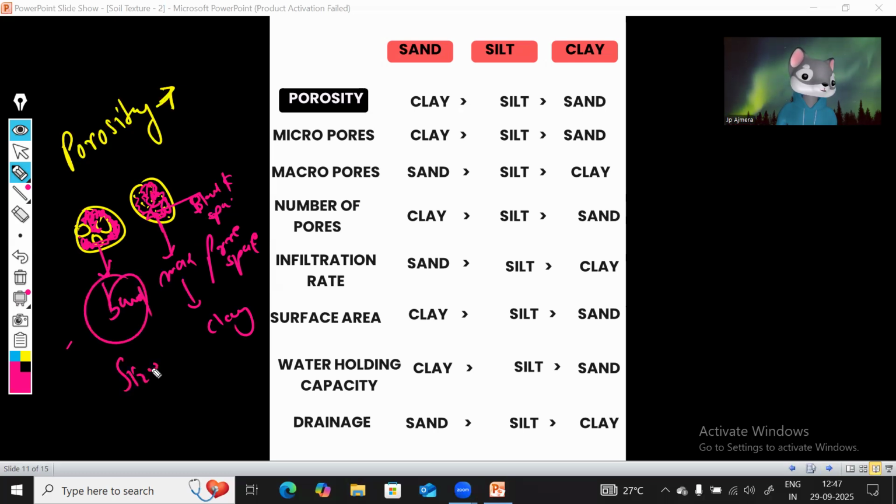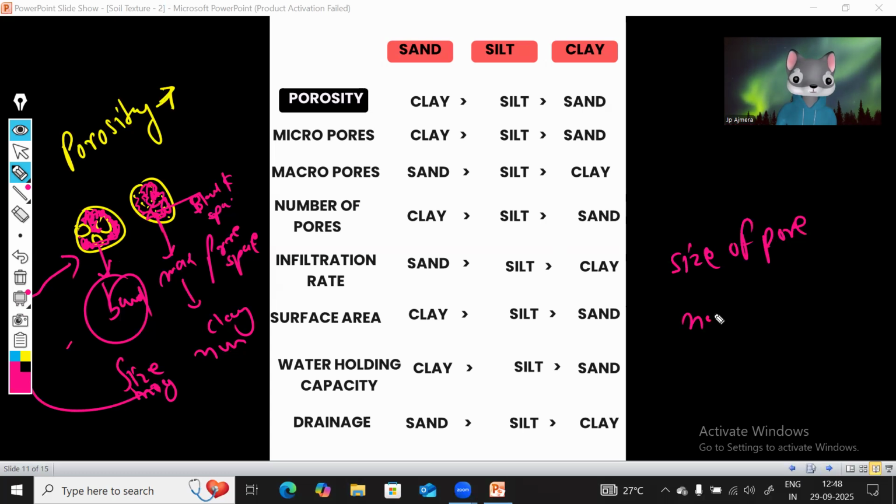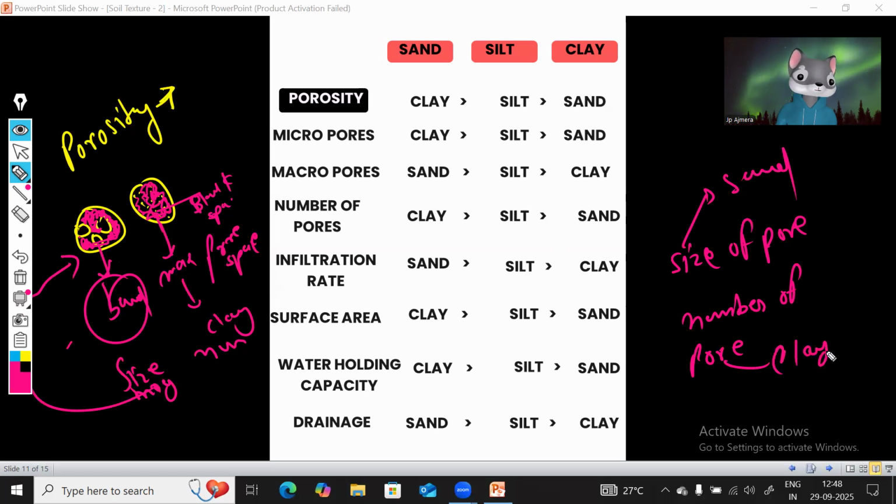The size of the pores may be bigger, but just focus on the size of pores and the number of pores. Where the size of pores is larger, the number of pores is maximum, so the total porosity is maximum.